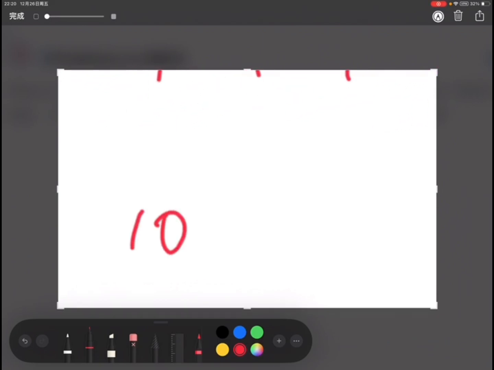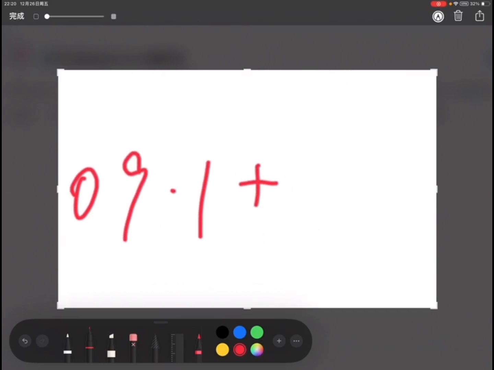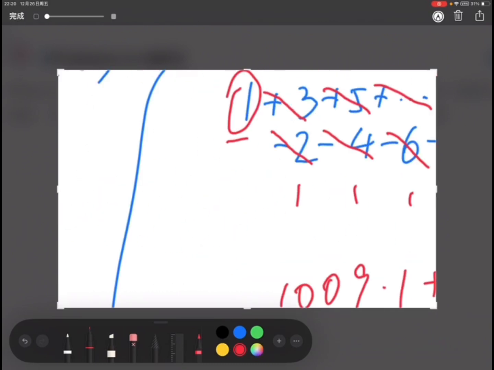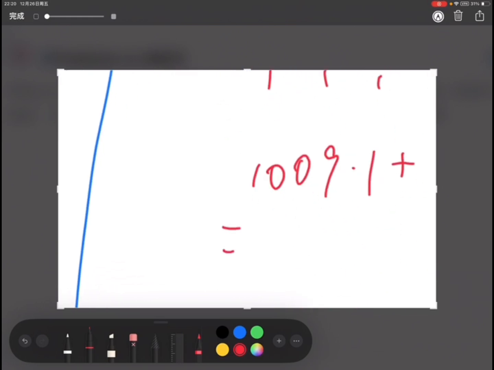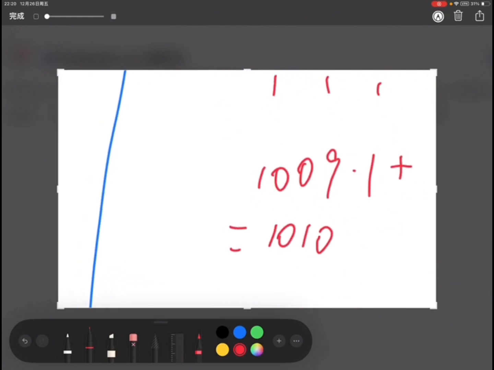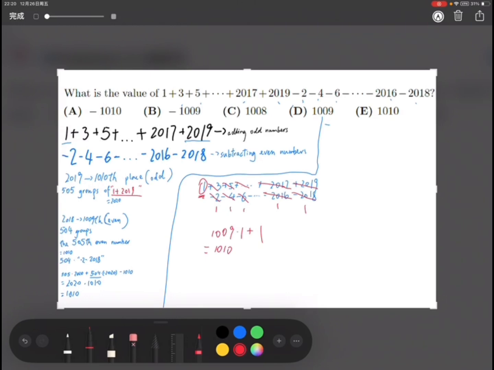So that's 1009 times 1 plus an extra 1, this 1 over here, and we get 1010. And so you would find out that either way we get 1010. And that is the final answer.